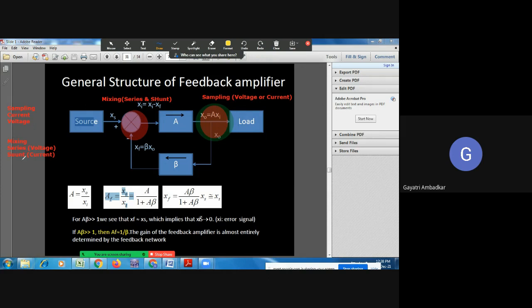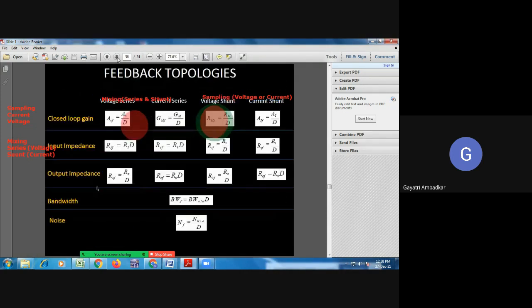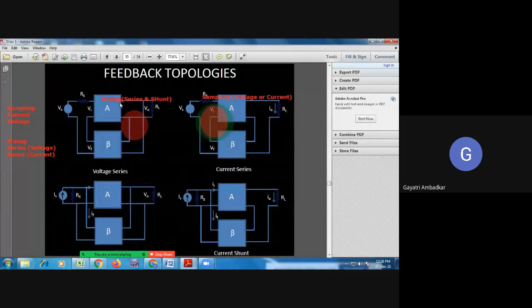I can sample voltage and I can mix it in shunt. So there are four possible ways to form the feedback amplifier. What are those? Voltage series. How can I sample voltage?